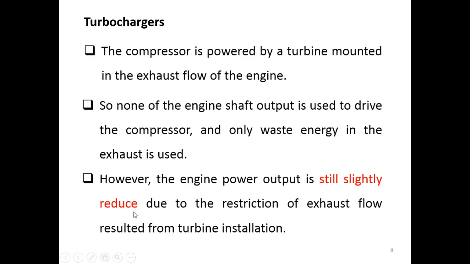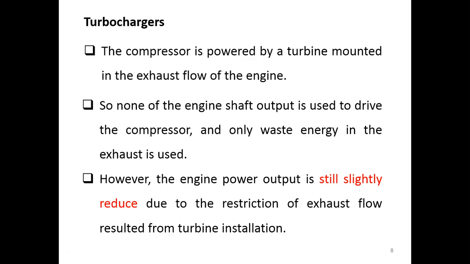It is still slightly reduced because we put a device in to obstruct the exhaust flow. Instead of the exhaust flowing out easily from the engine to the ambient, it now has to flow through the turbine before it can flow out to the outside.